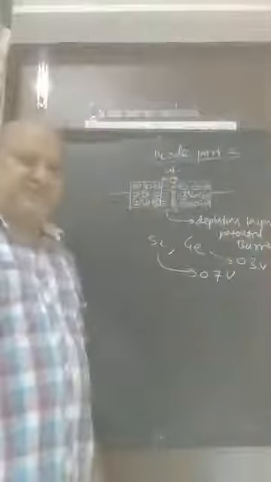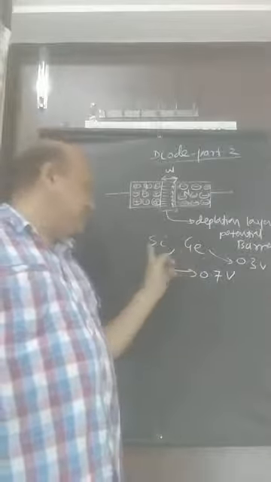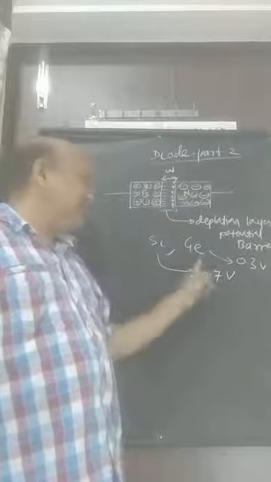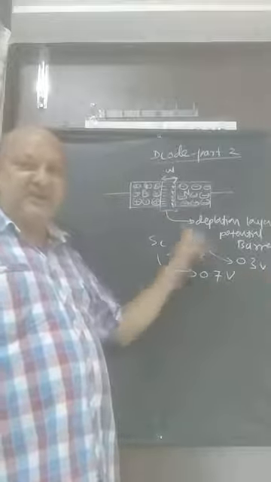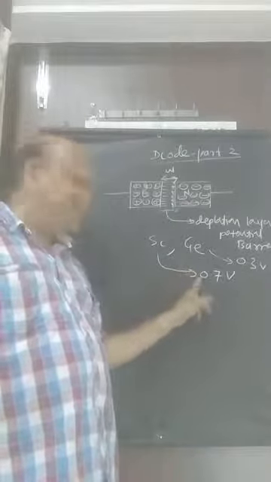This is fixed for the two types of semiconductor. So this is the formation of the diode.